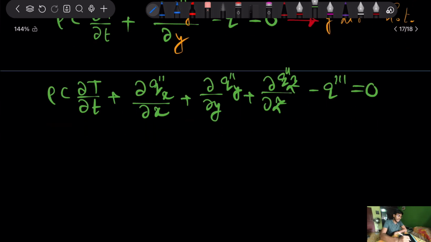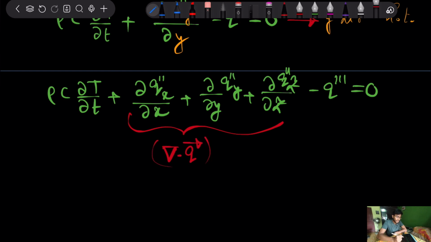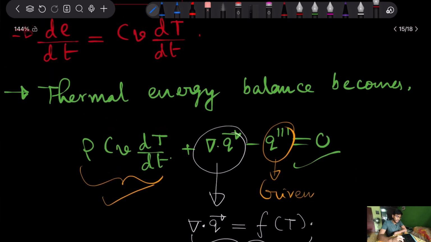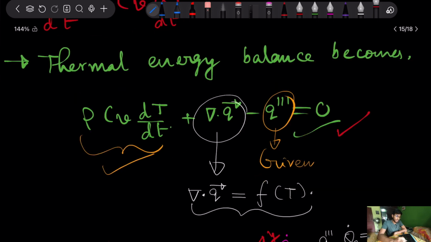If you recognize, this is nothing but the divergence of the heat flux vector in Cartesian coordinates. So this equation and the equation that we derived from the other approach, both of them are actually the same.